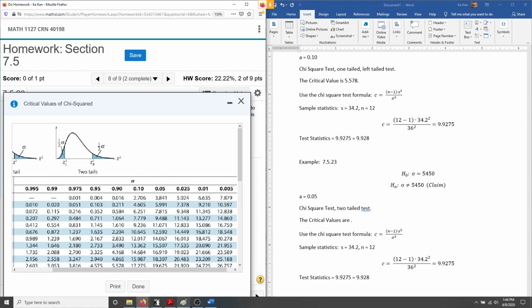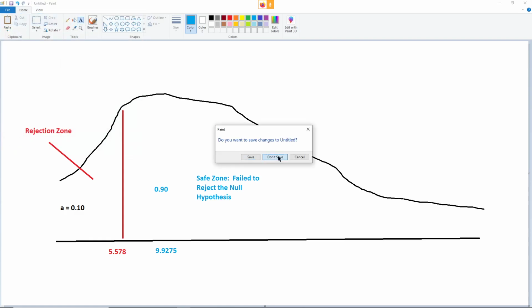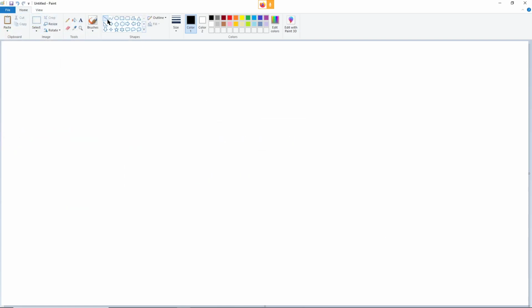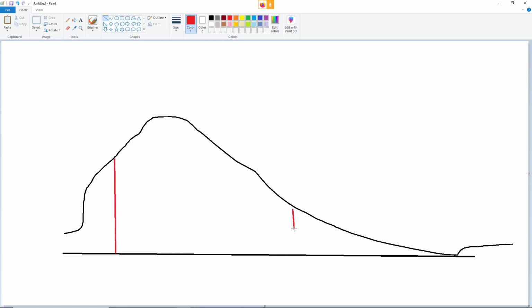So just to draw the picture, basically this is what we got. You should have a zone on the left, like right here, and one on the right, just like that, because it's two-tailed.